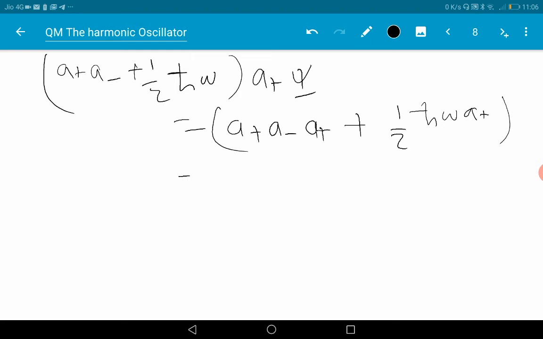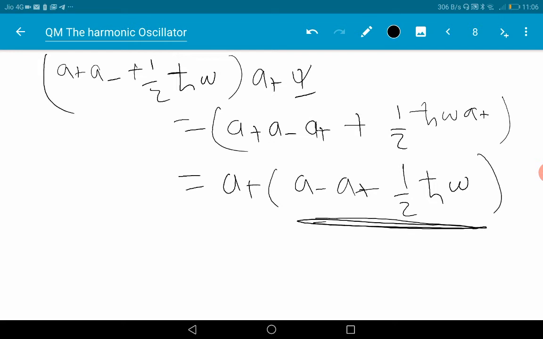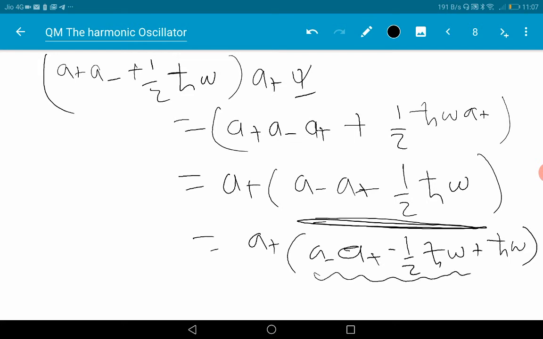Now we will take a plus common: a plus a minus plus half h cross omega, and this becomes again E, not E actually, but a plus a minus plus half h cross omega, and to balance out we have h cross omega, and this was E from our new Schrodinger equation.